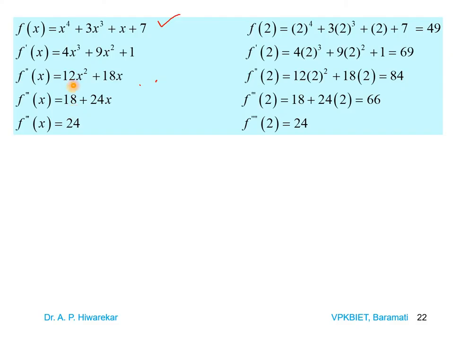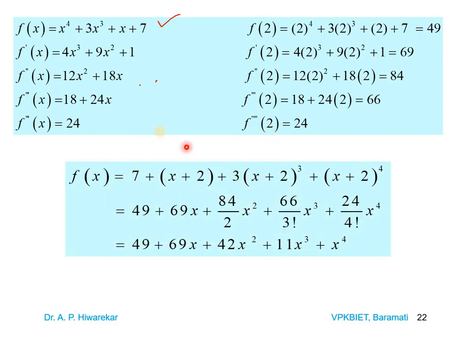Then the derivative of 12x square is 24x, and the derivative of 18x is 18. The derivative at 2 will be 18 plus 24 into 2, that is 18 plus 48. That gives 66. And obviously the derivative of this term will be 24, so f4 dash will be 24.